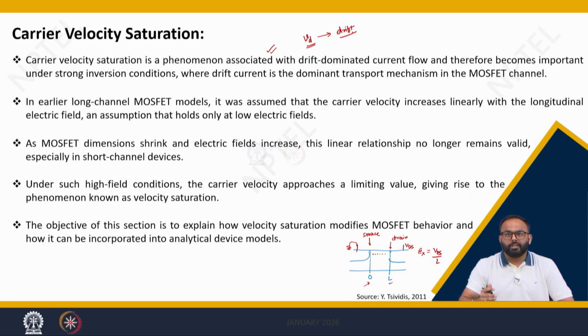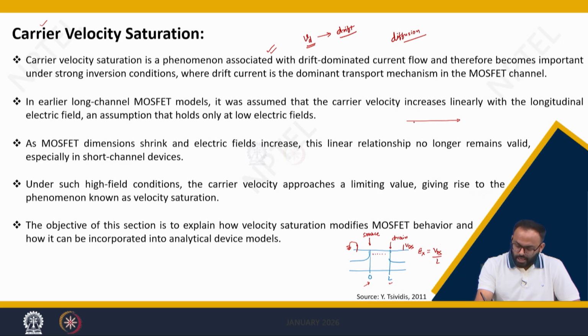It is not related to moderate or weak inversion, because in weak or moderate inversion, the dominant phenomenon is diffusion. So as far as carrier velocity saturation is concerned, we will only talk about the strong inversion region of operation, right? In earlier long channel MOSFETs, the channel length was very large, and hence Ex, the electric field along the x axis, is very, very small, and we opted for the gradual channel approximation.